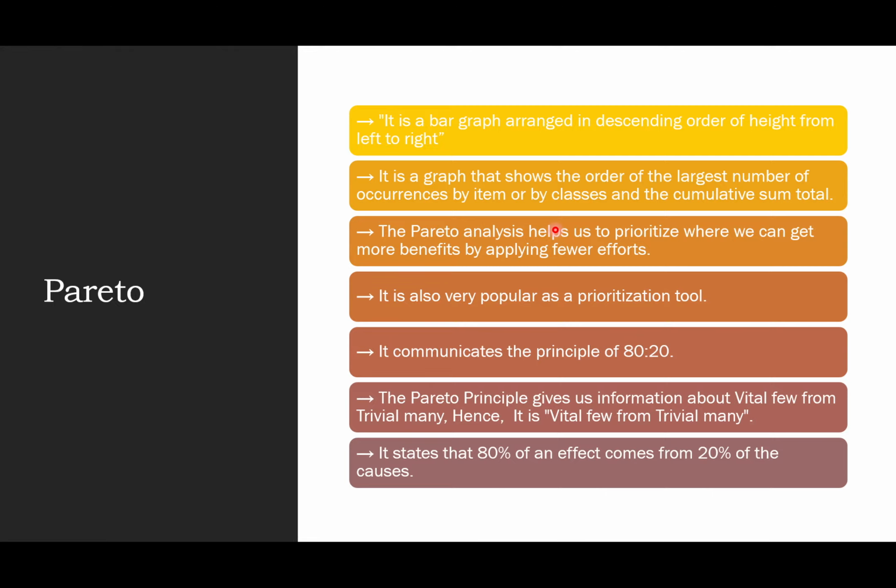This tool helps you identify the vital few which are impacting your outcome, the low hanging fruit, the attributes on which if you work you will get the maximum output, or be able to do course correction in your outcome.